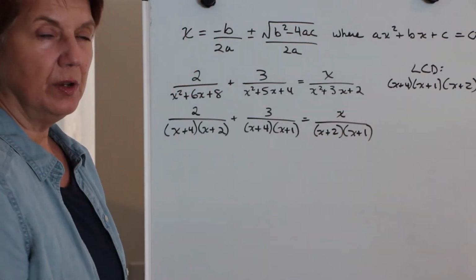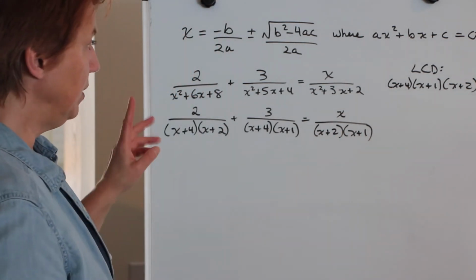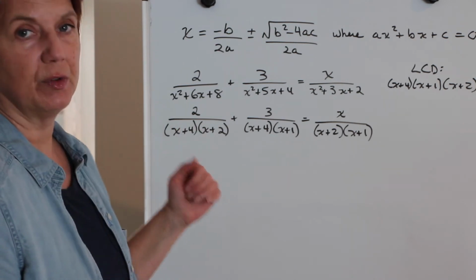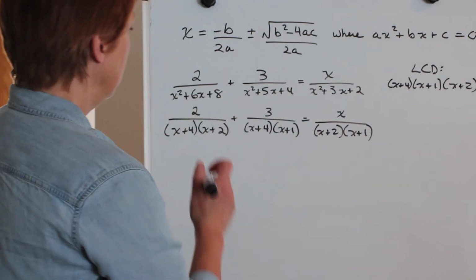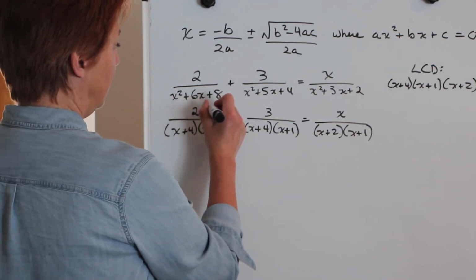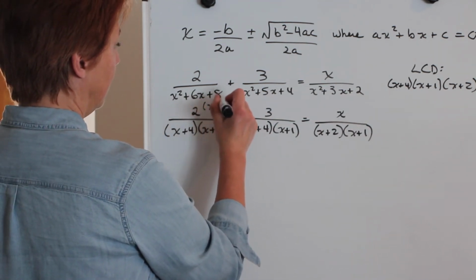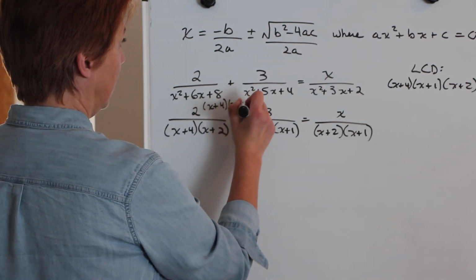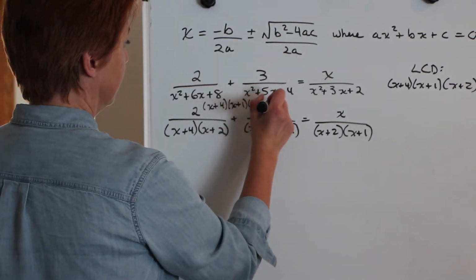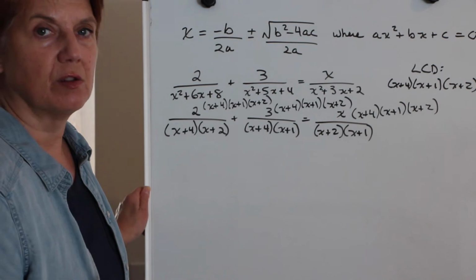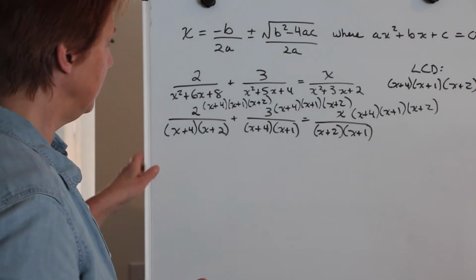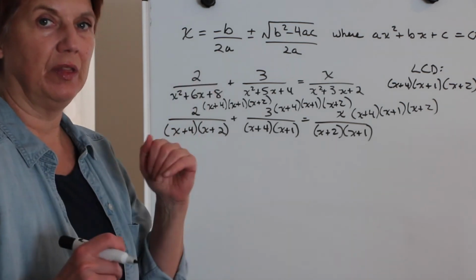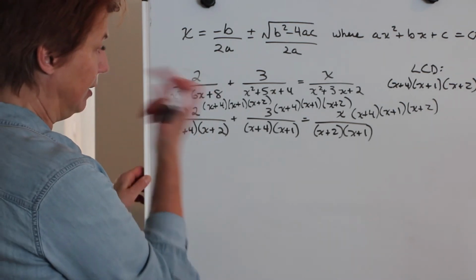Now when you're solving a rational equation, what you need to do is get rid of those denominators. So once you figure this out, you're going to multiply every fraction by that lowest common denominator. Now it is a bit tedious to write it out, but I highly recommend it, because it gives you the opportunity to cancel the things that go away, and it's really clear then what's going on.